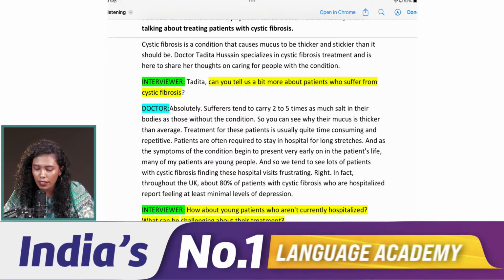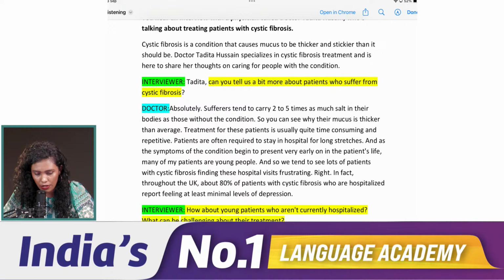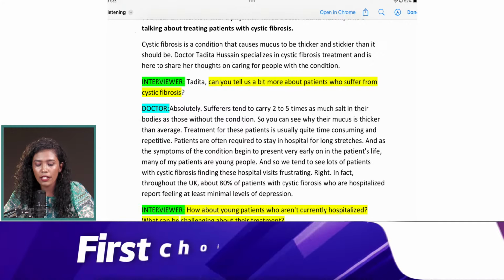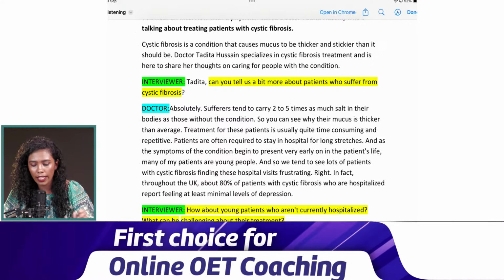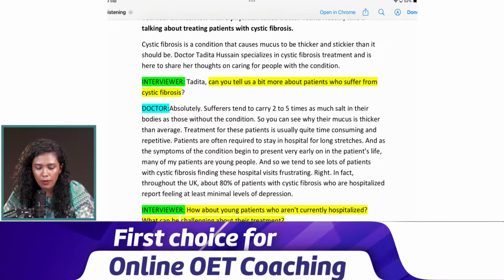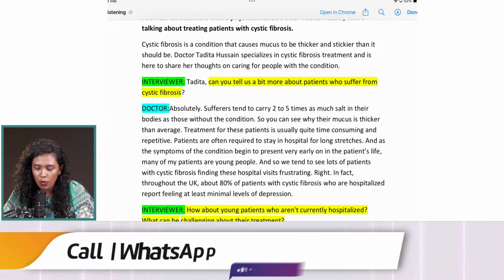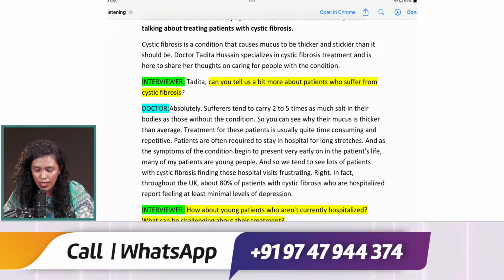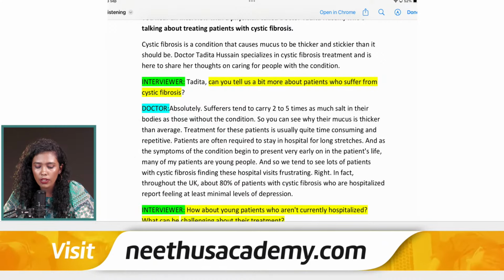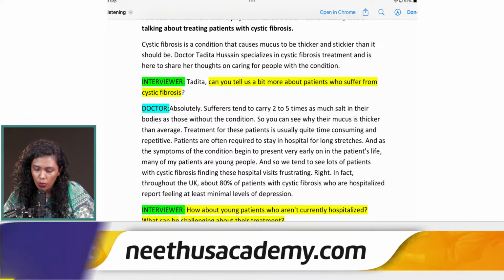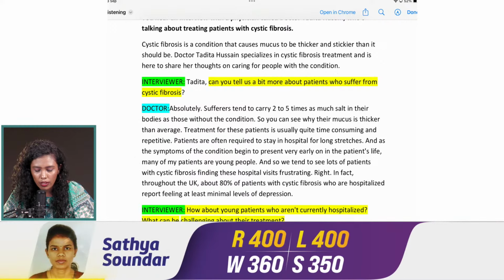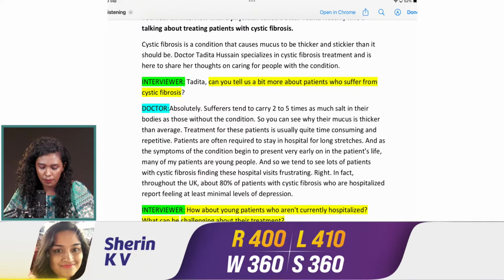Patients are often required to stay in hospital for long stretches, and as the symptoms of the condition begin to present very early on in the patient's life, many of my patients are young people, and so we tend to see lots of patients with cystic fibrosis finding these hospital visits frustrating. Right. In fact, throughout the UK, about 80% of the patients with cystic fibrosis who are hospitalized report feeling at least a minimal level of depression.